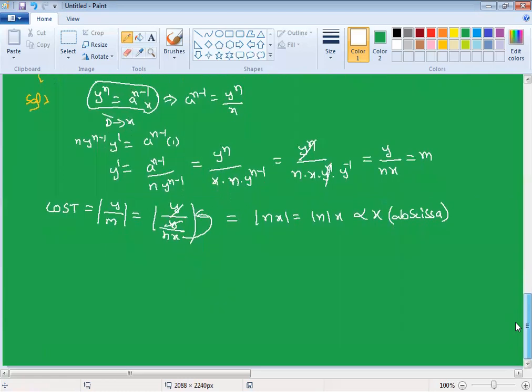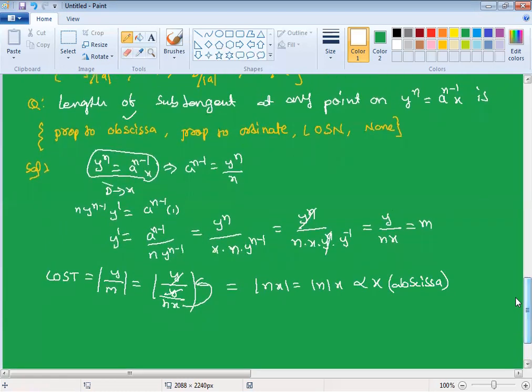This is the solution. Now I will give you one more question. That is also like this only, a little bit theoretical question, and after that we will go for the next remaining topic, that is angle between the curves.